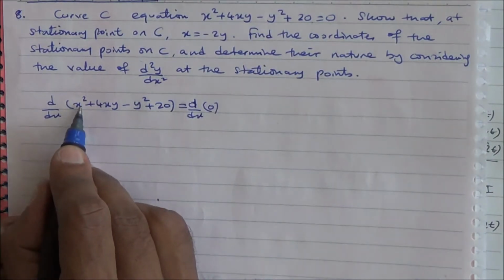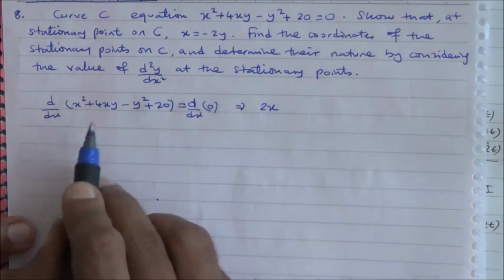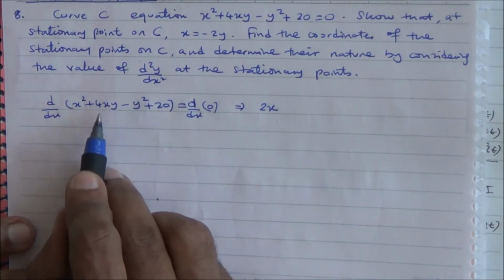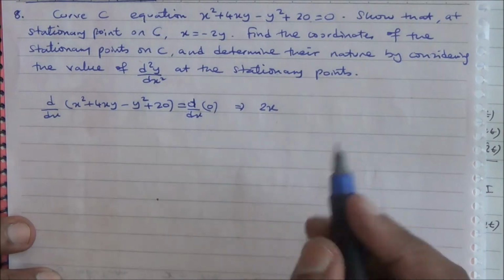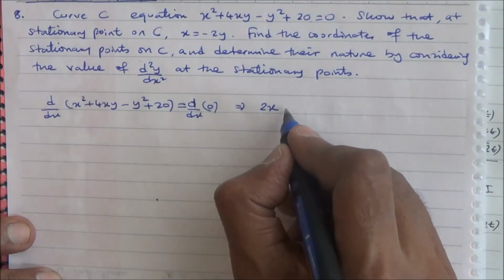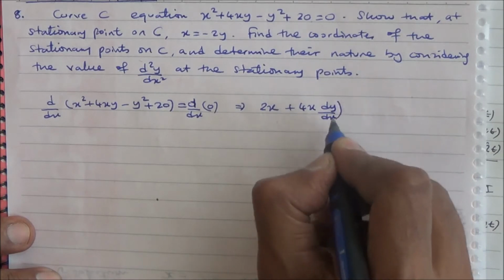Differentiating x squared, you're going to end up with 2x. For 4xy, this is a product rule, so we have 4x times the derivative of y, so that's going to be plus 4x times dy by dx.